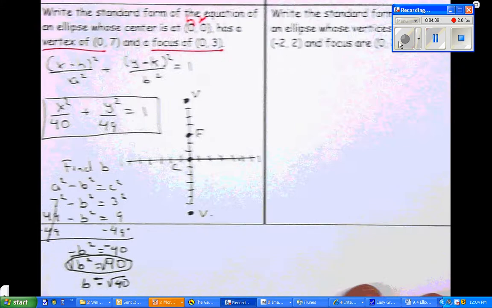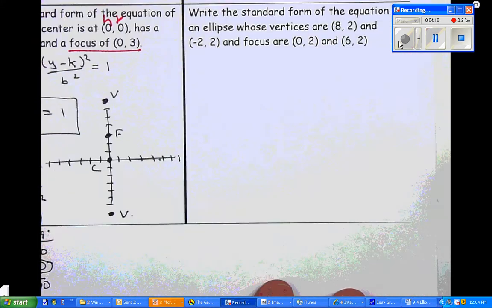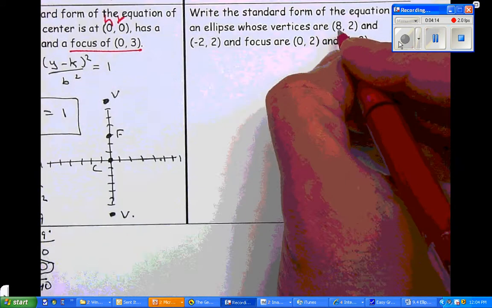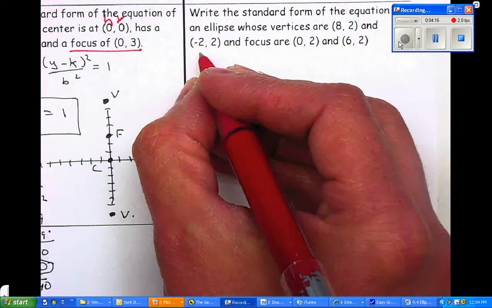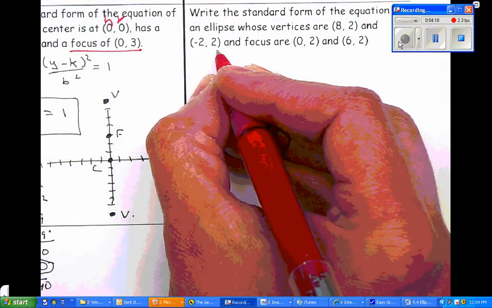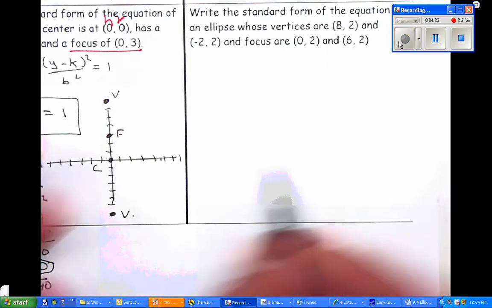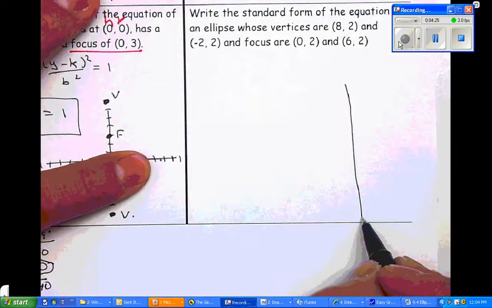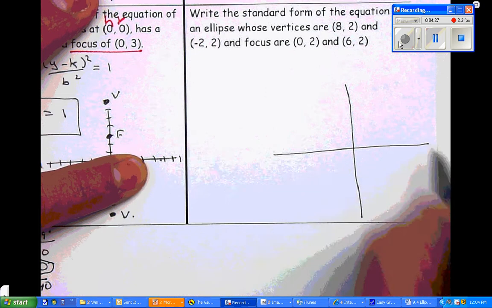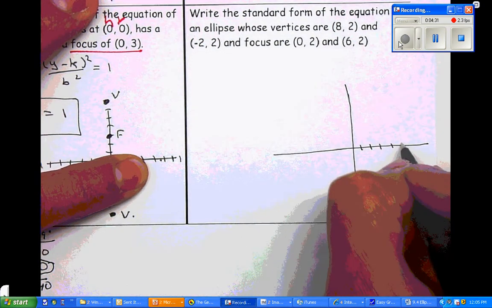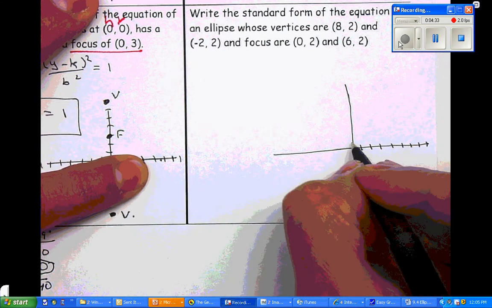Example number 7. We're going to go through the same process. Your vertices are (8, 2) and (-2, 2). Your focus is (0, 2) and (6, 2). Now this one's a little more complex, but if you make a little sketch, it shouldn't be too difficult. 1, 2, 3, 4, 5, 6, 7, 8, and up to 1, 2.